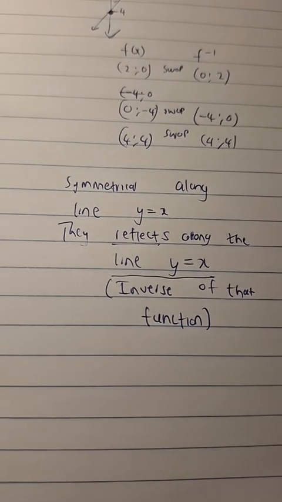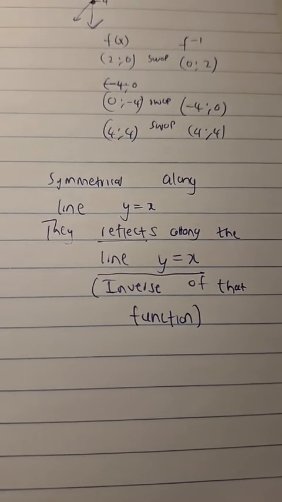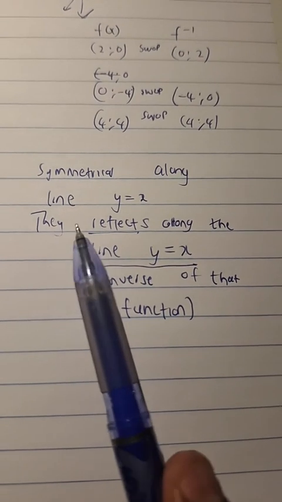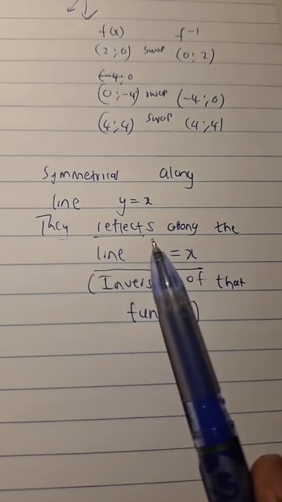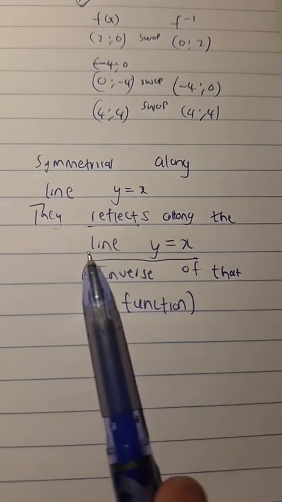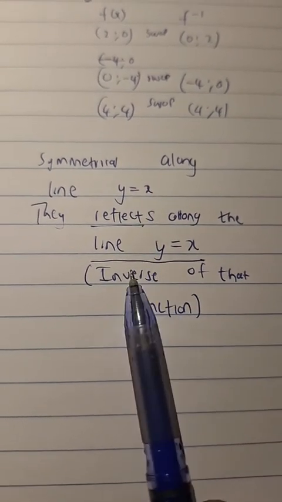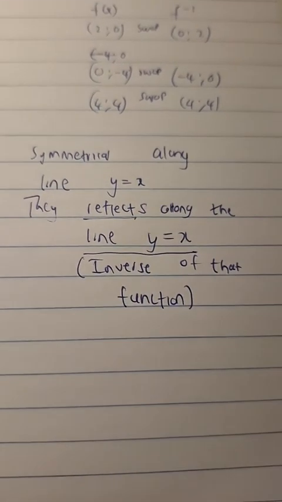So whenever they ask us in a very different way to sketch the inverse of a function, they may ask you to sketch the function that reflects along the line y is equal to x. You know then that they want you to sketch the inverse function. Okay, so guys, that is the inverse function of a straight line function, and I just wanted to look at how we sketch that.